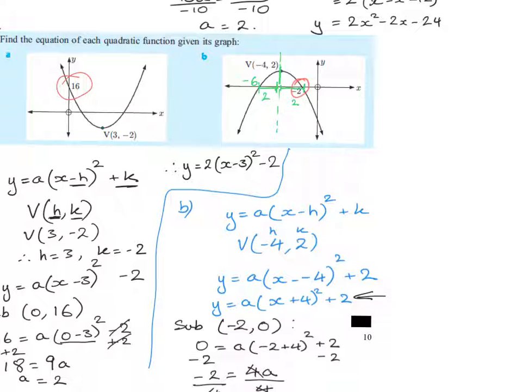Negative 6. So by using the two x-intercepts, you could also do it the old way where you have y equals a times (x plus 2), from the x-intercept of negative 2, times (x plus 6), from the x-intercept of negative 6, and then you'd sub in the other point that you have, which is the vertex, to find a, and go from there.